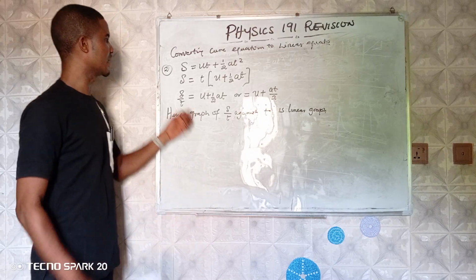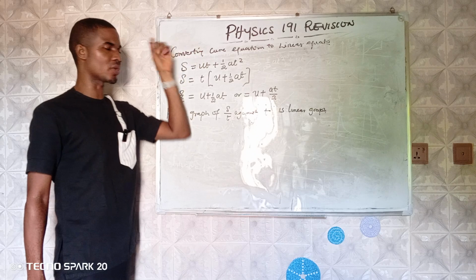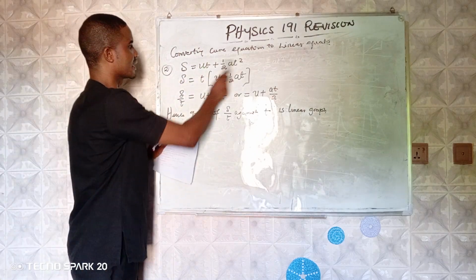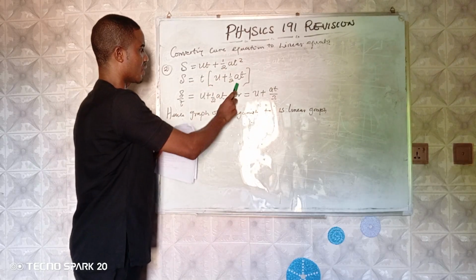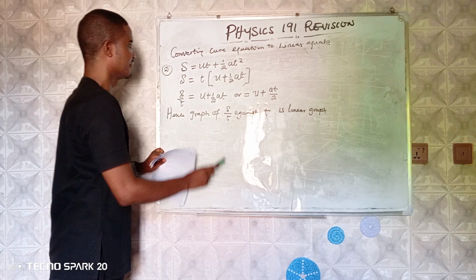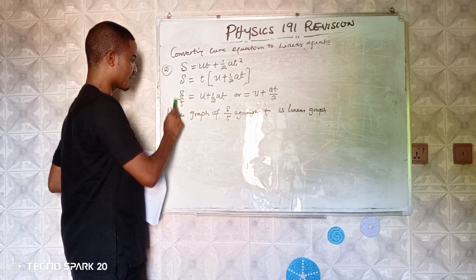This one we look into is the equation of motion. If I want to convert this equation of motion into a straight line graph, I just need to factorize for the t here. T is common. If you factorize, you have this. Once I factorize, I divide both sides by t, then I have s over t.